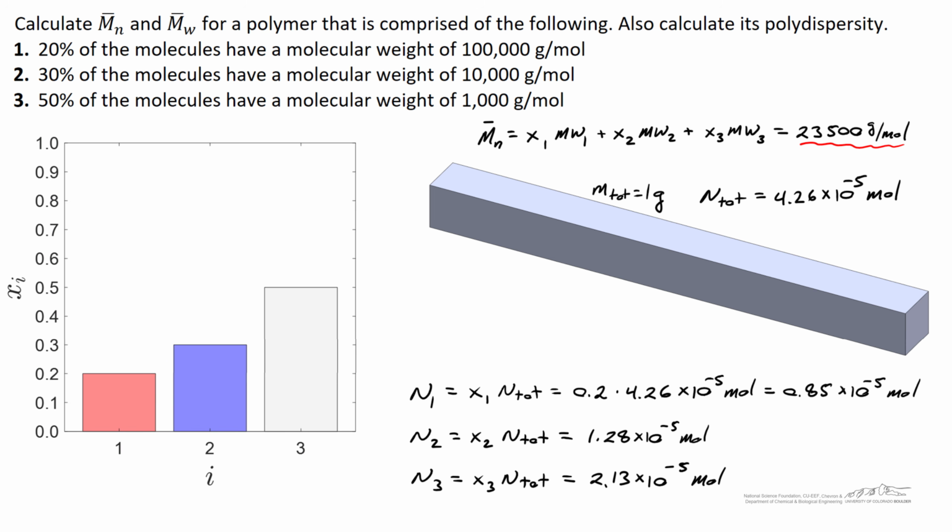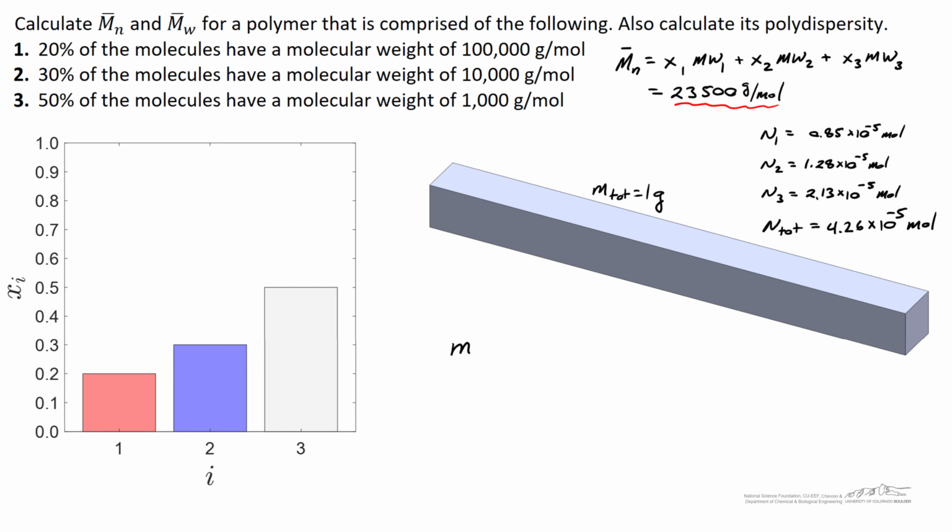And I can do the same thing to calculate the number of moles that have a molecular weight of 10,000 grams per mole, and again for the ones that have a molecular weight of 1,000 grams per mole. And note, just to confirm, if I add these three numbers up, I do come up with the total number of moles within the sample. The next thing I'm going to do is calculate the mass of polymer that has a molecular weight of 100,000 grams per mole.